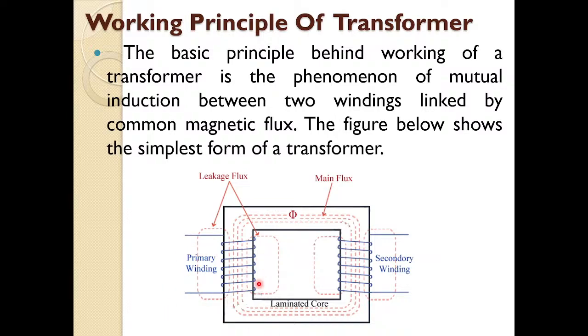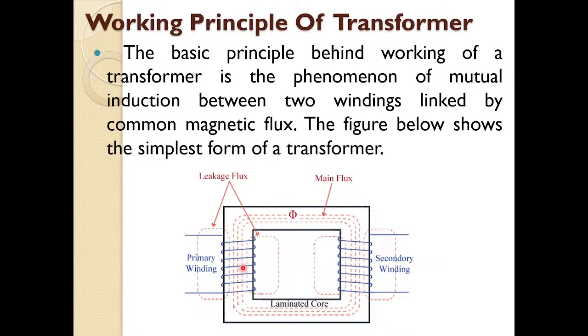Whenever supply is given to the primary winding, flux is induced in the core. That flux will travel through the core towards the secondary winding. When this flux cuts the windings, EMF is induced in the secondary. Of course, EMF is also induced in the primary winding.